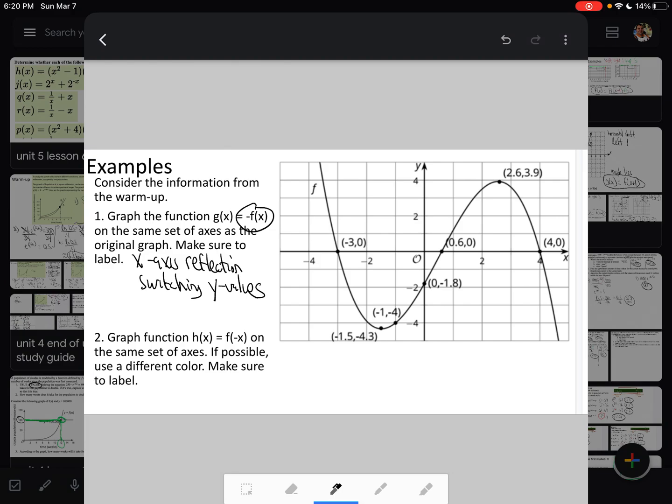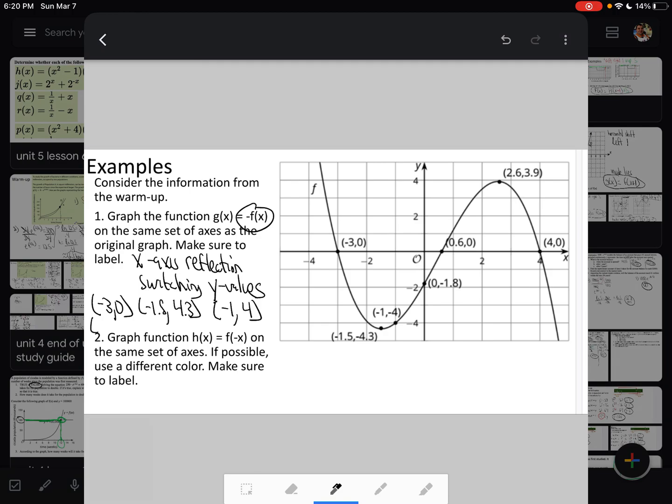So this first one, negative 3, 0, is going to stay at negative 3, 0, because the opposite of 0 is 0. The next one will be negative 1.5, and then I'm going to change negative 4.3 to positive 4.3. The third point will be negative 1, x value stays the same, negative 4, y value goes to its opposite, so positive 4.